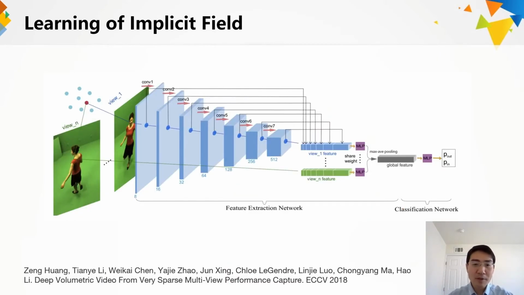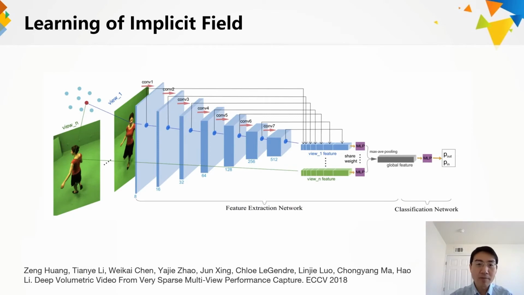How do we perform the learning? We just use the standard implicit field framework. This is from our members' published paper in ECCV. We can see that in the 3D space, we have different views, and we have several sampling points.